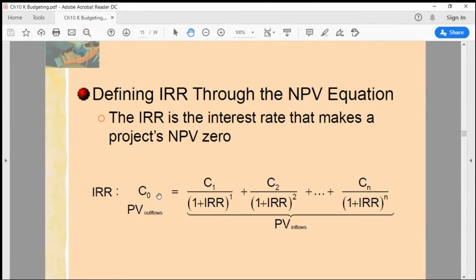But if both sides are equal, that means in terms of present value, your project simply breaks even, which may not seem very compelling to accept a project like that.